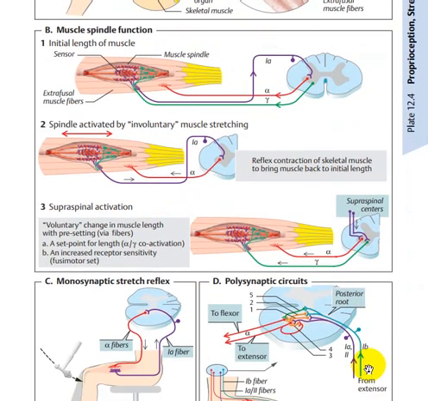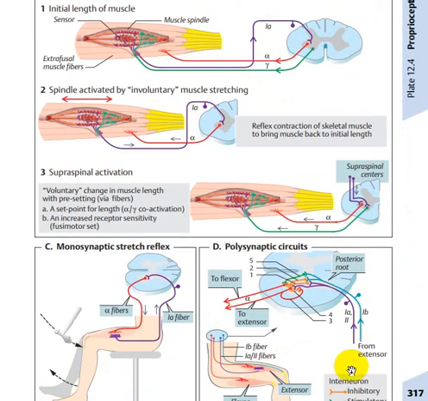So the IB fibers will take impulses from the contraction of the quadriceps femoris and first cause an inhibition to the extensor muscle. Since the extensor muscle is doing excessive contraction, it's going to cause inhibition to the extensor muscle, and it's going to cause a stimulation via a polysynapse.